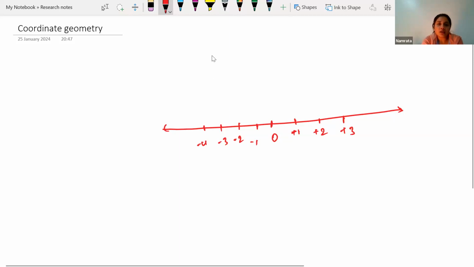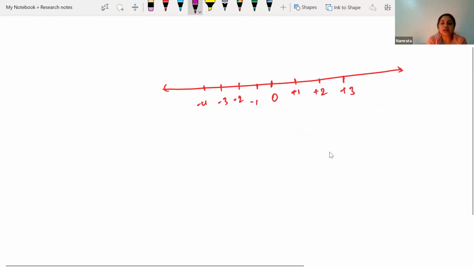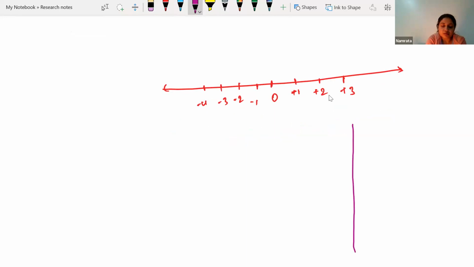Now here in this chapter we are going to discuss coordinate geometry, and here we will be taking this number line this way, one vertical and one horizontal.